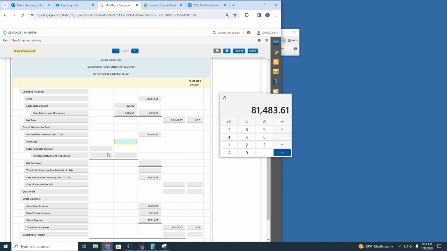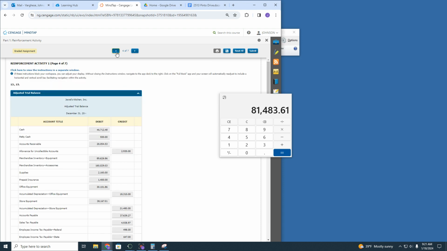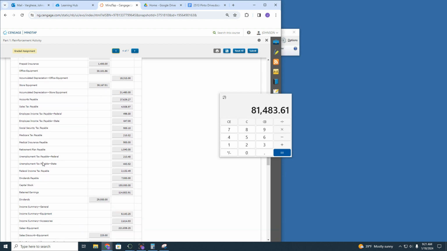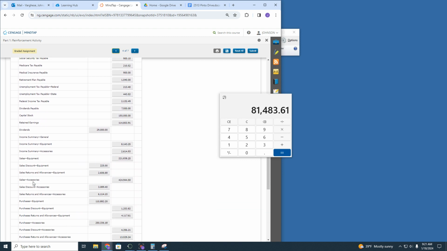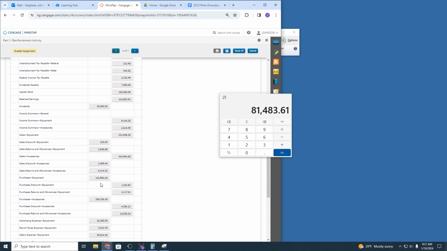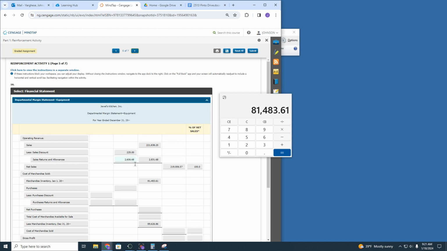And then, let's see, what else do I need? I need purchases for equipment. So purchases for equipment, 110,882.20. Less purchase discounts, less purchase returns and allowances.